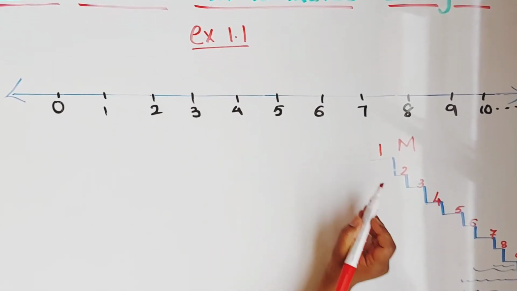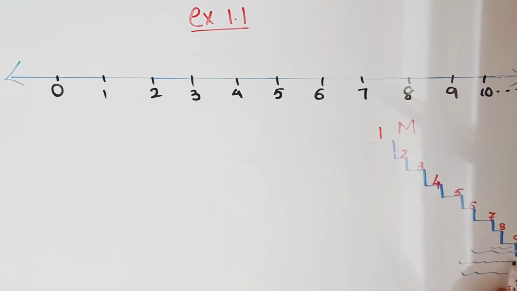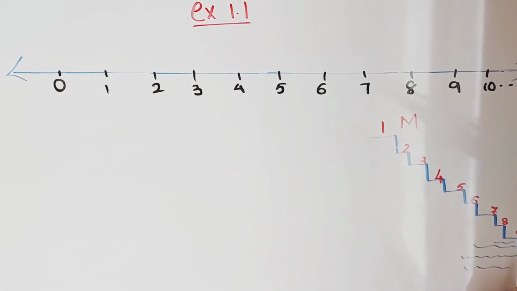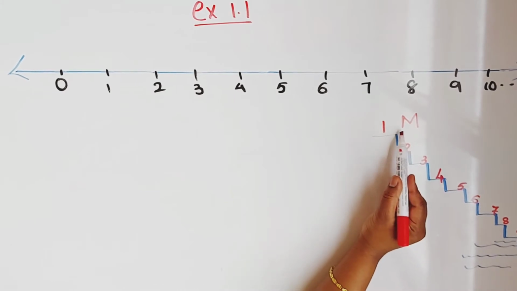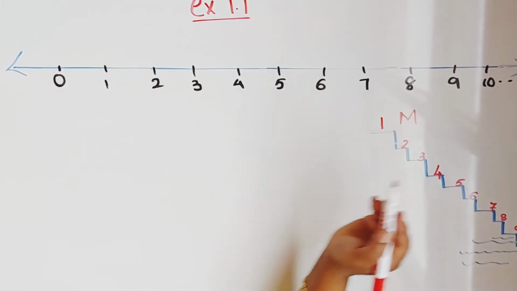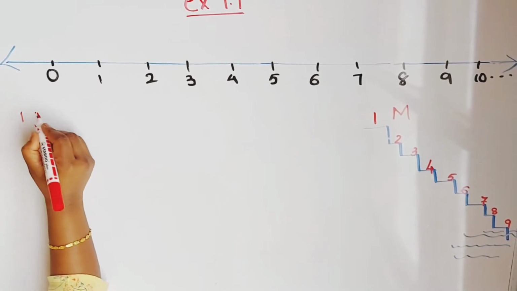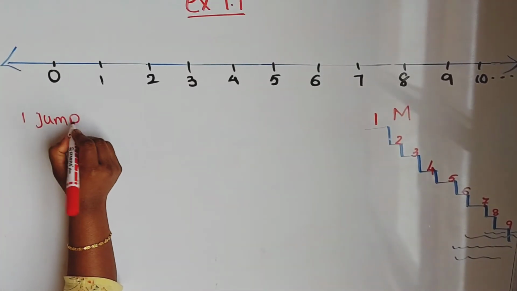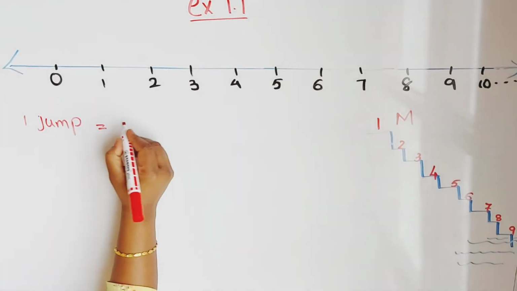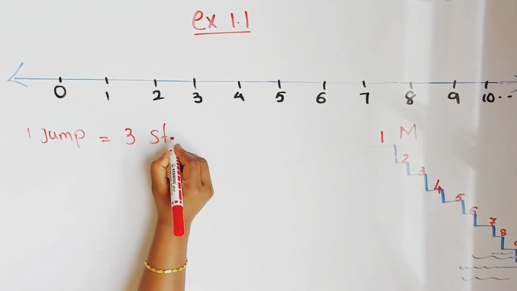This is the first step and the 9th step here is the water level. Okay, so the monkey is sitting here on the first step. So what is the first jump they said? Three steps down, right?